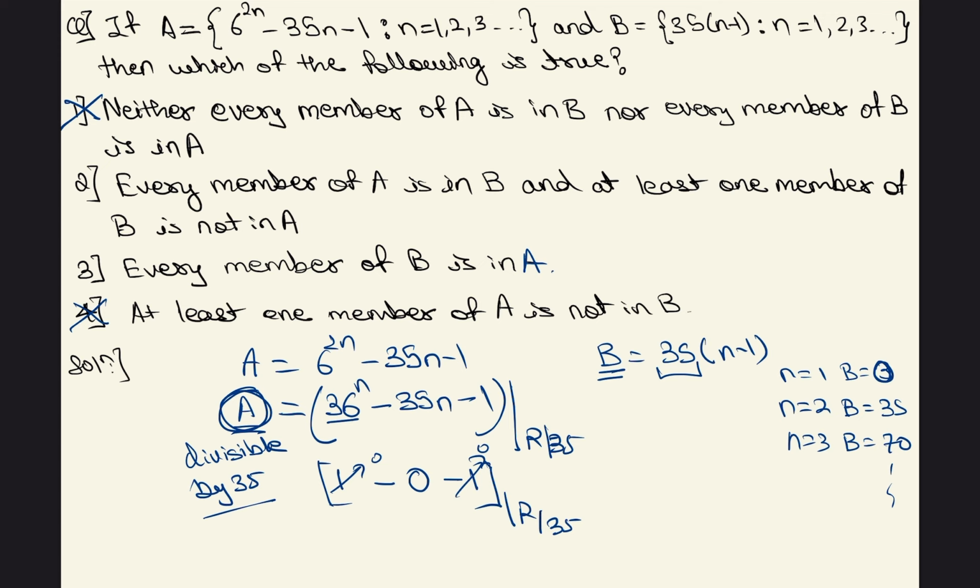Now let's look at the two other options. If you look carefully, A is 36 to the power n minus 35n minus 1. For n equals 1, A becomes 0.